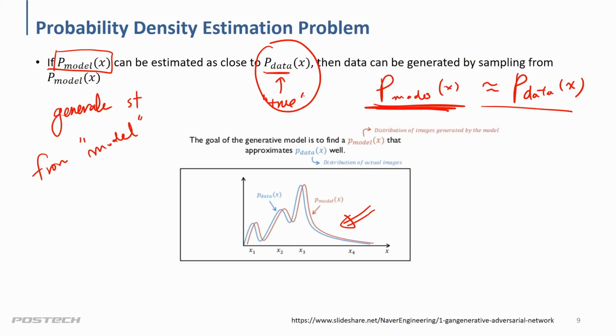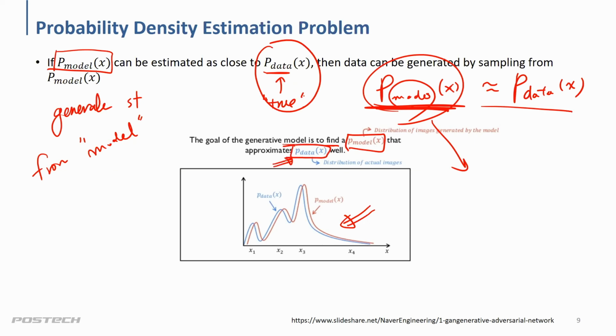Then if we take some values here and generate from these models, it's going to be pretty much the same as the actual data set. That's the idea of generative models. So the goal of a generative model is to find this guy that approximates this.